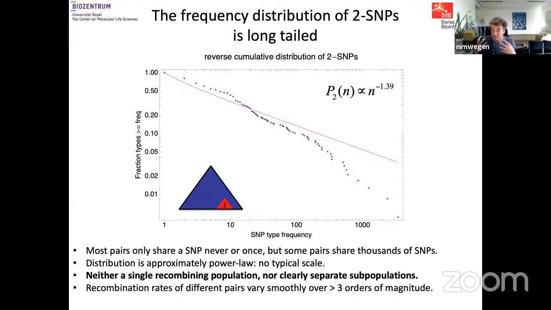So that says there's no typical scale. There's neither a single fully mixed recombining population. Some recombination events are much more likely than others, but there is also not a clear scale at which you can divide the population into subpopulations.